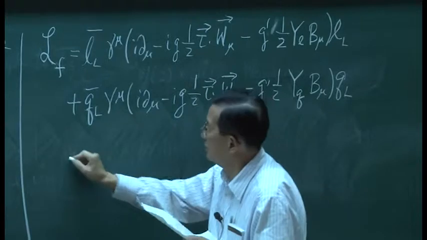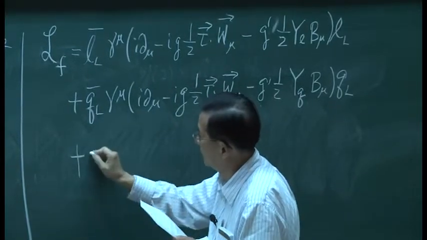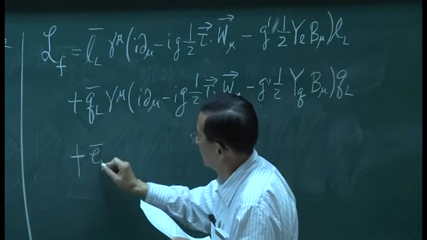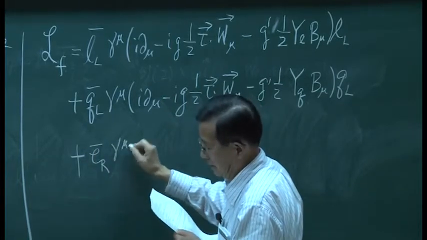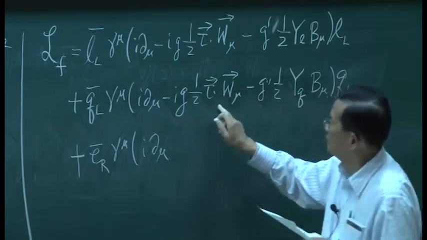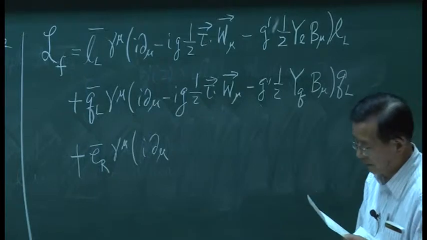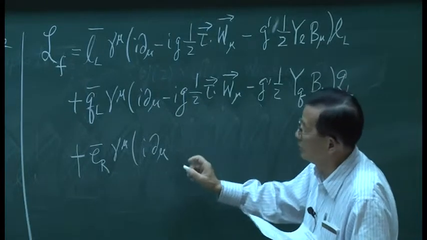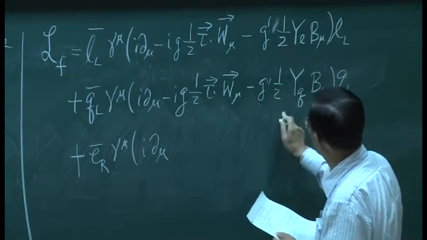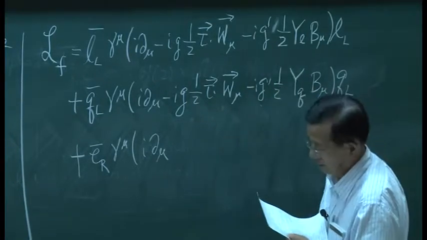And then I have to plus the right-handed electrons, and in this case, there is no coupling to the SU2 because it's a SU2 singlet. And then I have to add the coupling to the U1. That's I here, right? Yeah.